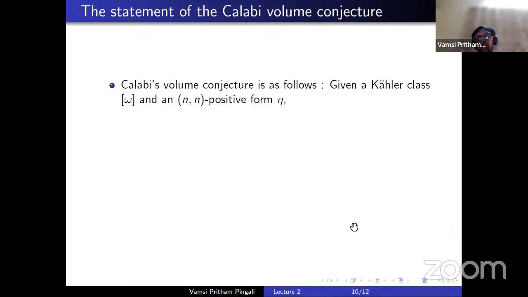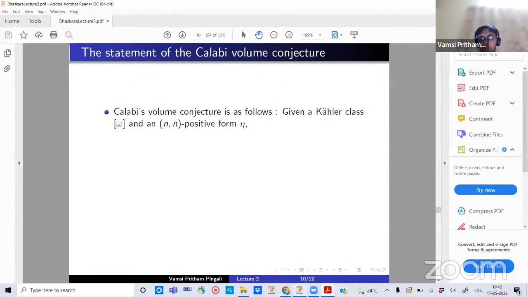Given a Kähler class omega, so you're given a de Rham cohomology class that admits at least one Kähler metric, and you're given a volume form, an (n,n) form, which is positive. What does that mean?